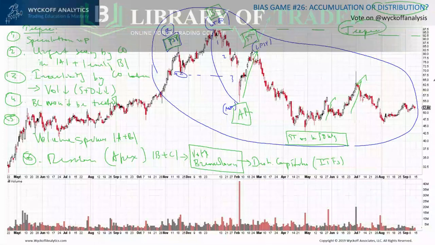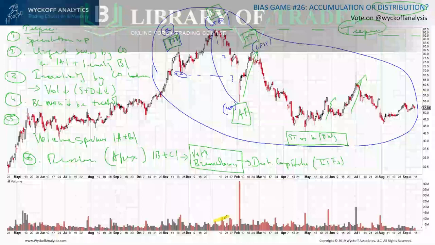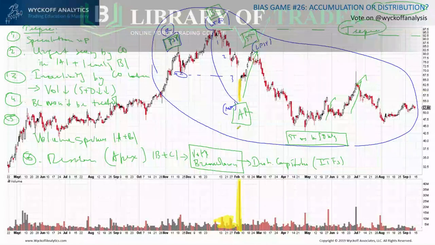Again, there is a lot of urgency by institutions to sell on the way down. And we could see a lot of this in this bar. Although there is a lot of buying in this bar, somebody is actively selling even at these lower prices. So it's very interesting how supply has increased so much.